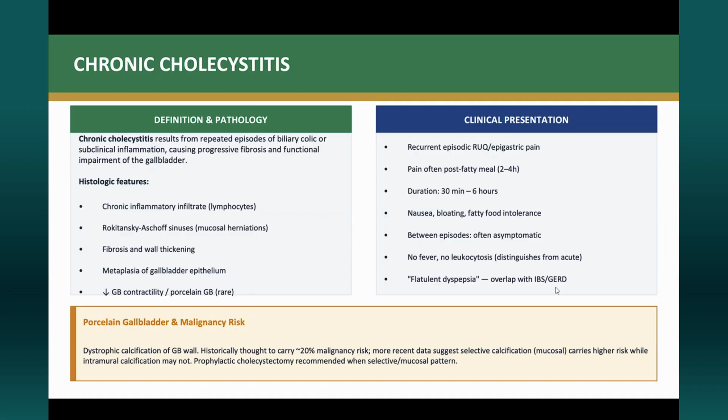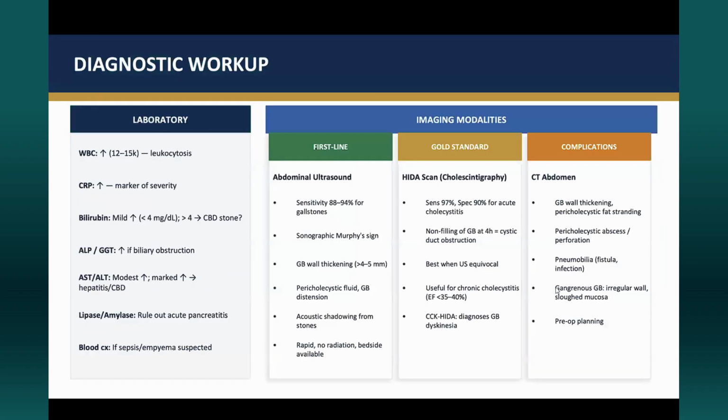Now you have a patient on the right side. On the left side, or on the computer's right side, you can see recurrent episodic right upper quadrant pain, often post-fatty meals, with duration of 30 to 60 minutes, to symptomatic and fractionated dyspepsia.